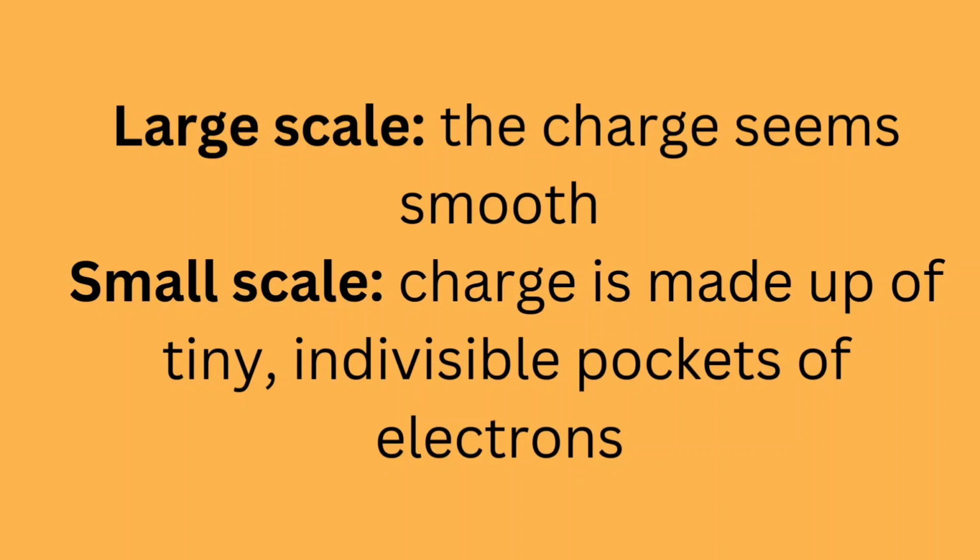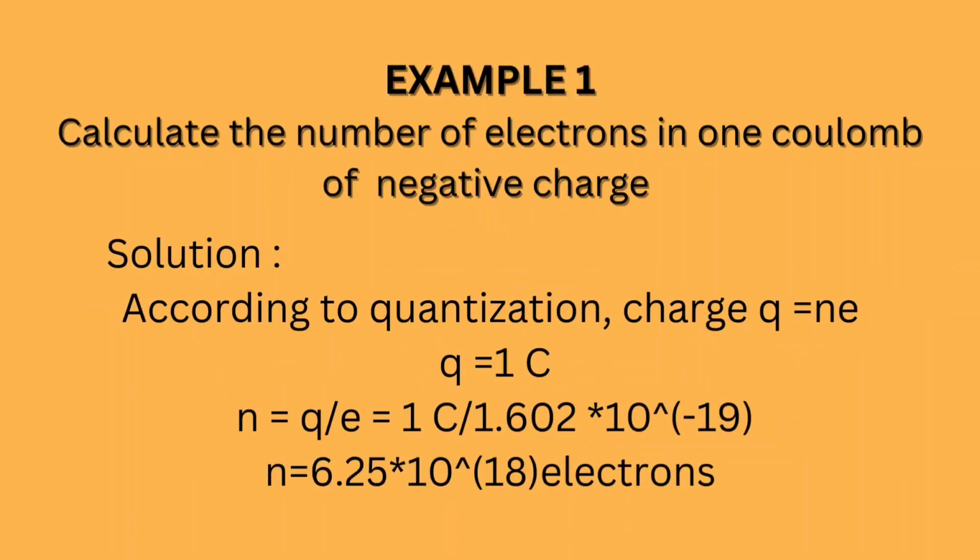Here are some example problems on quantization of charge. Example 1. Calculate the number of electrons in 1 coulomb of negative charge. Find the number of electrons in 1 coulomb of negative charge. Here, according to quantization of charge, we know already Q is equal to n e, where Q is the charge and e is the elementary charge.